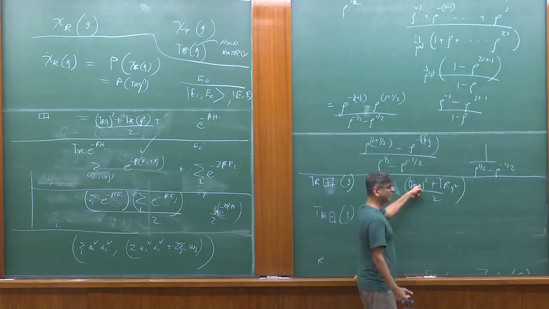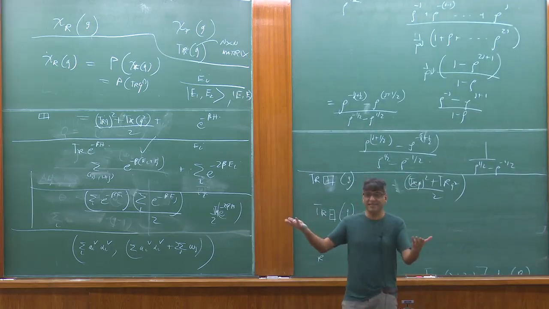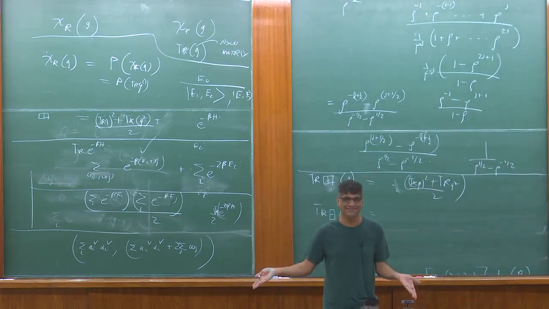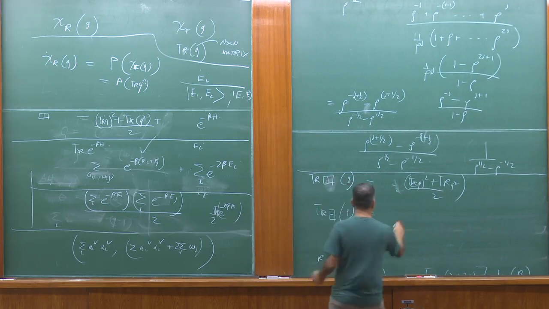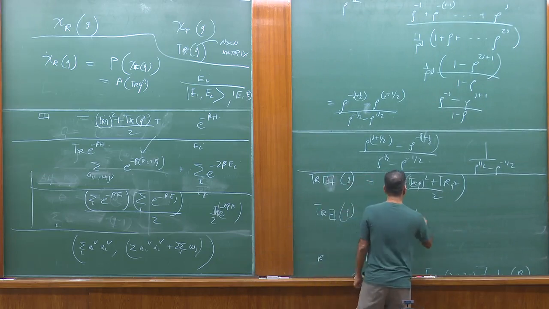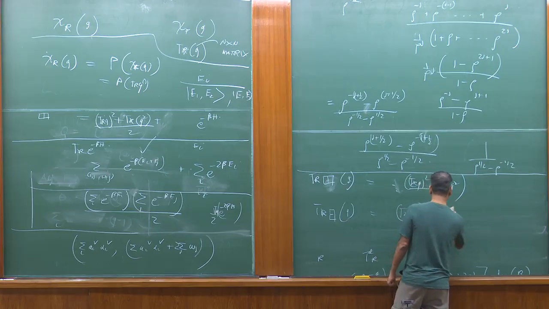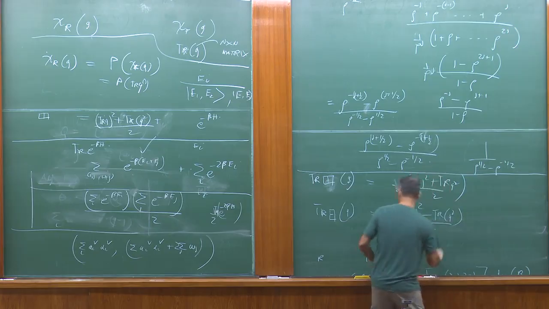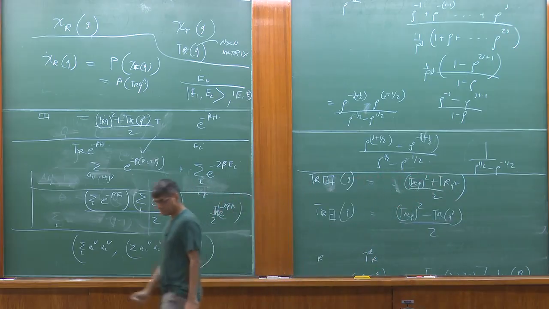It's clear here we got that extra half, which with Fermi statistics we would not allow. You have to remove them. So this will be (trace g the whole thing squared minus trace of g squared) divided by 2.